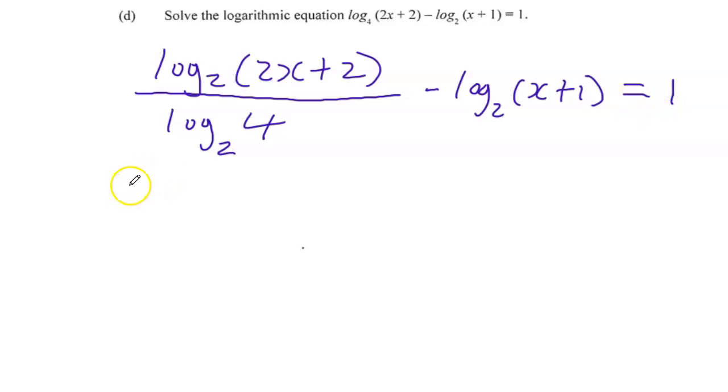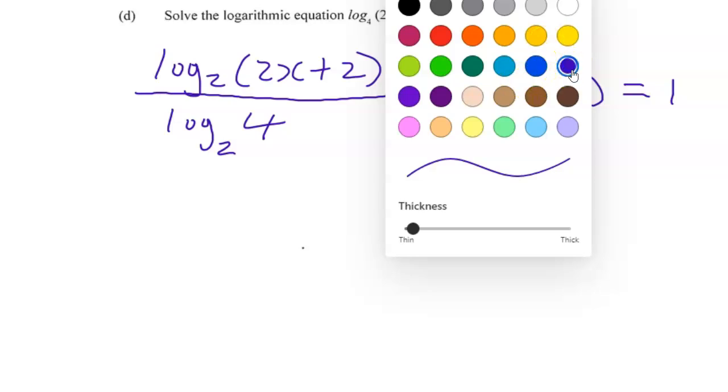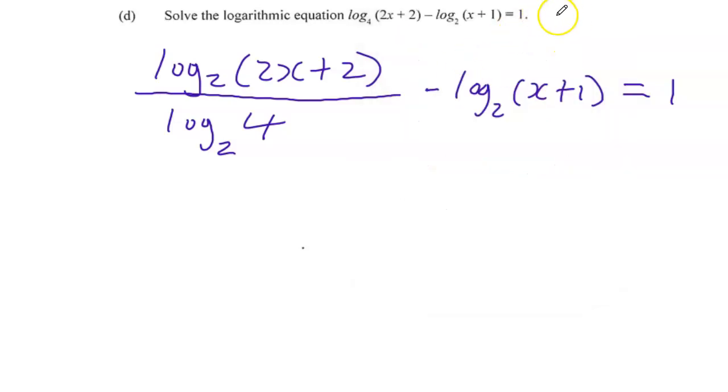Okay. And now what's the value of log 4 base 2? Let me just explain how to arrive at the value. If we let log 2 base 4 be equal to x, then it means that 2 to the power of x is equal to 4.